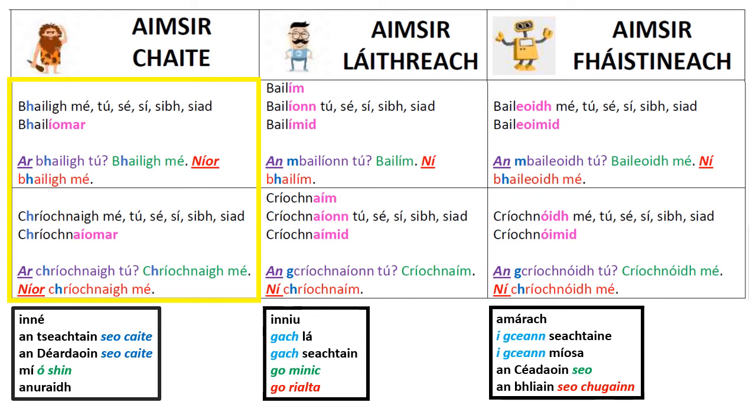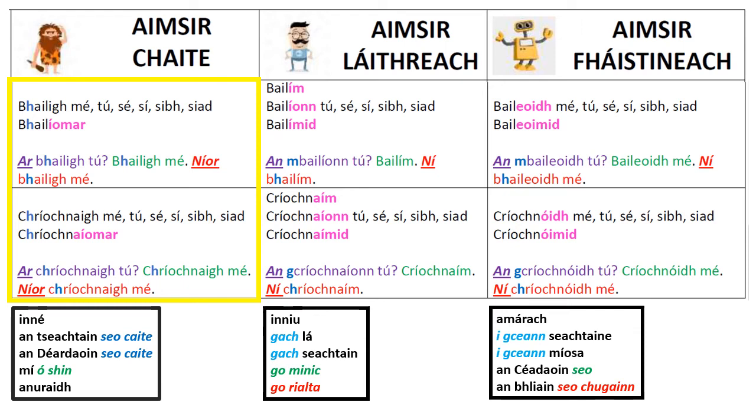The rules for the questions are the same. It's air to ask a question in the past and you keep your H's, and it's near to say no. Look down at kriaknig, it's the exact same thing. We have a H to say we're in the past, and we have eamur for we. The difference is our eamur is spelled a little bit different, and that's our difference between quail and lahan.